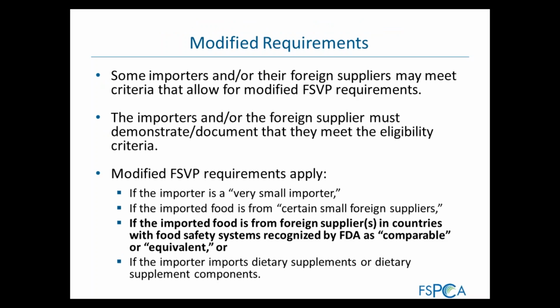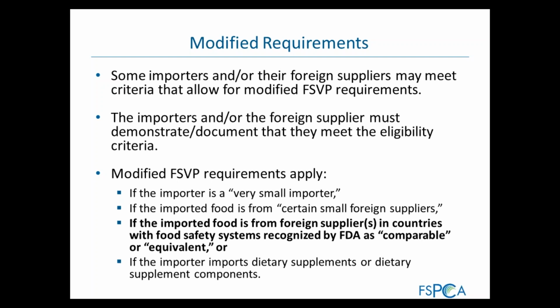Okay, there are some modified requirements for very small importers and certain small foreign suppliers. I'm not going to spend a lot of time on this. I think it probably has very minimal applicability in a livestock feed mill, as does the Foreign Supplier Verification Program as a whole.